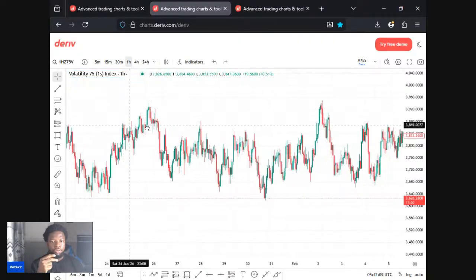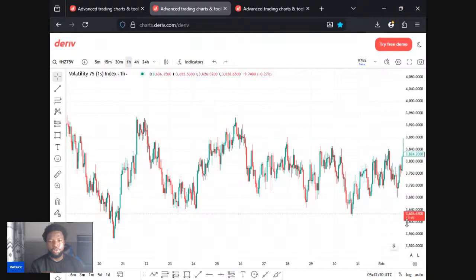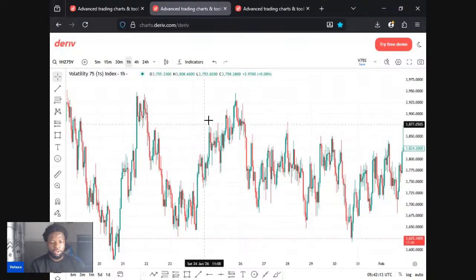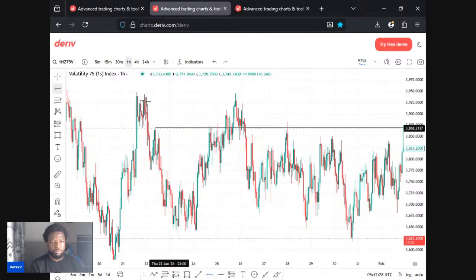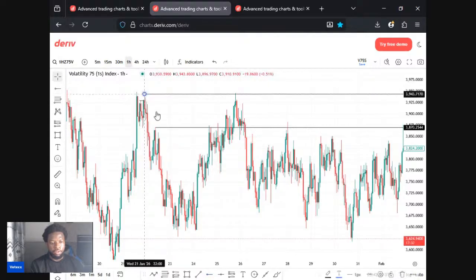Okay, we have the continuation here, which was somewhere around here. So this was the sweep that we had here. We have a sweep here, right? We have a structural liquidity here. We had a protected high here. This is our first break of structure, which is right here.